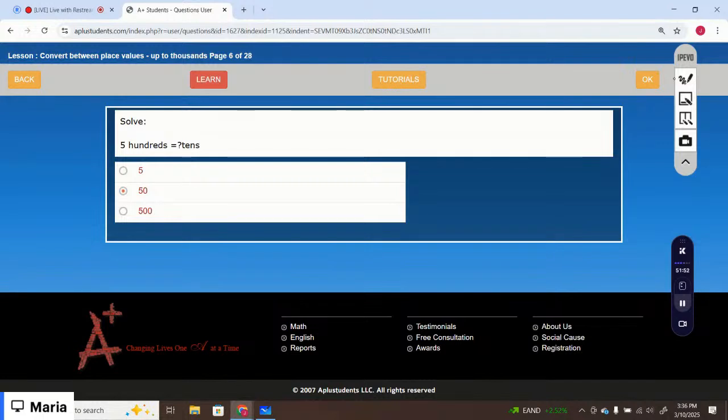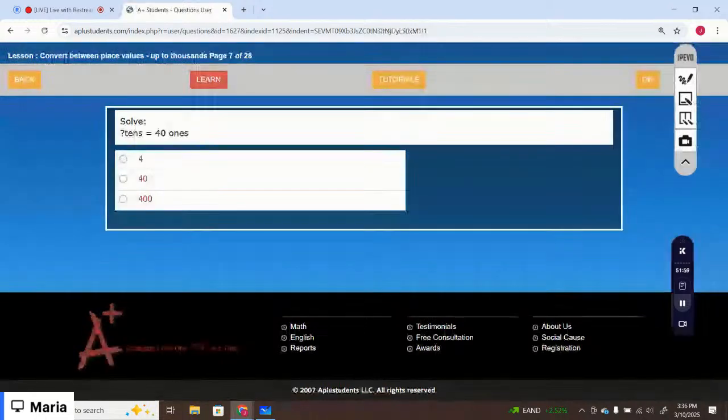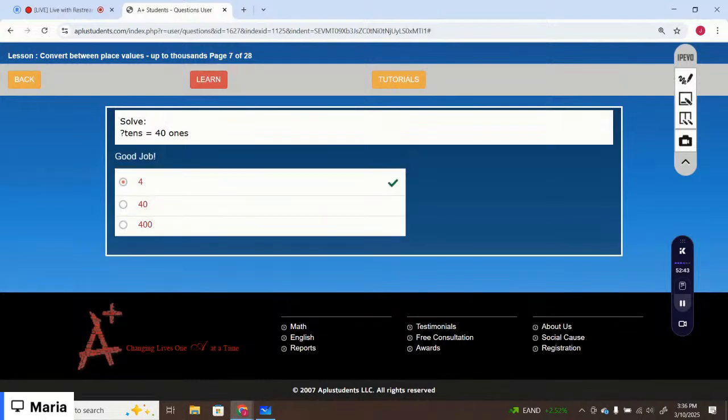Option number 2 is the correct option. 40 ones equal 4 tens. Option number one is the correct option.